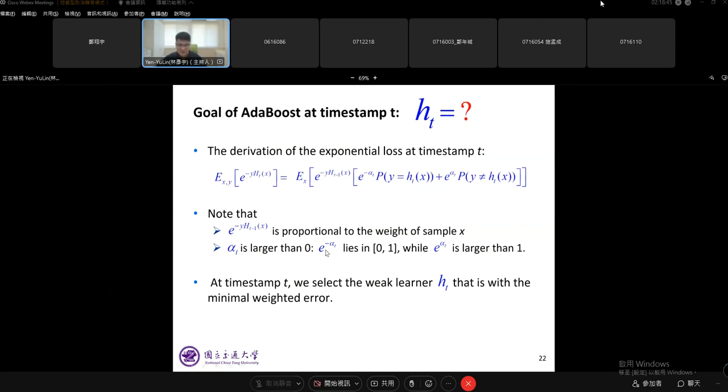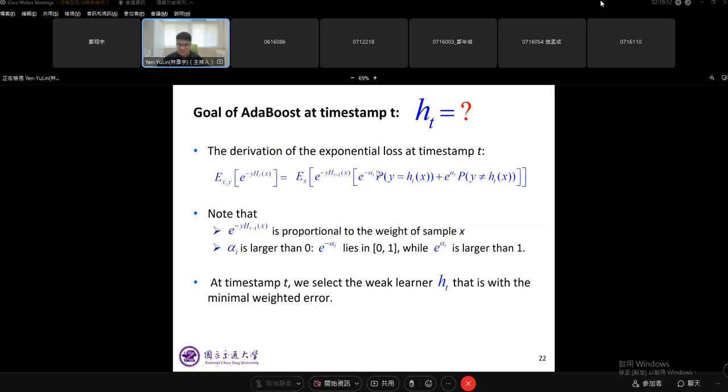So exponential of minus alpha t lies between 0 and 1. As you could check, for the exponential of a negative value, the value is always between 0 and 1. And the exponential of alpha t is larger than 1.